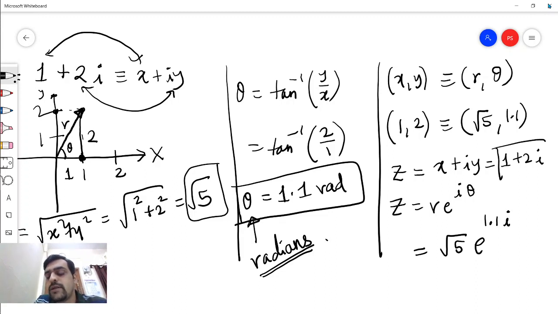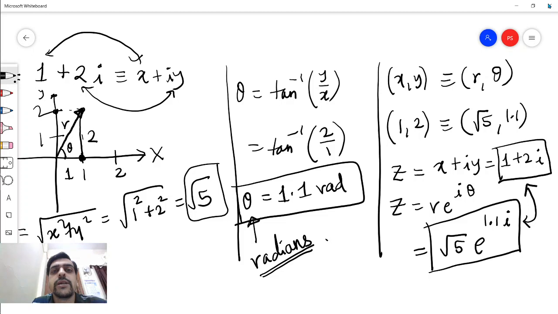So these two expressions are representing the same complex number but in different ways. Thank you.